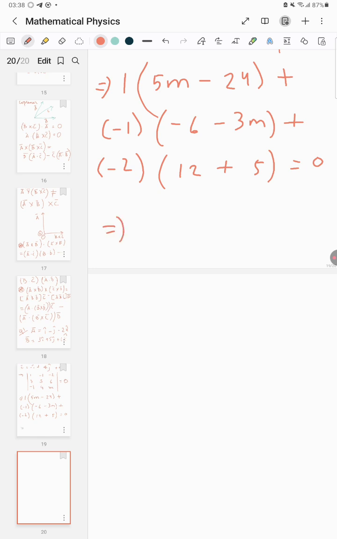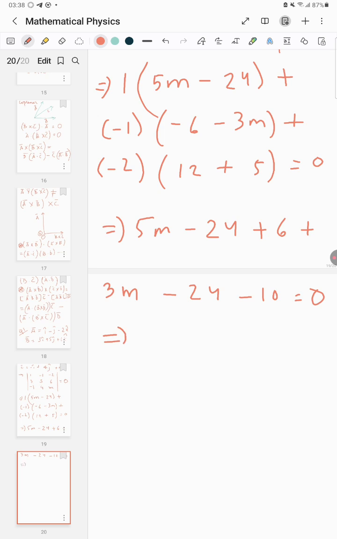Now this implies that 5m minus 24 plus 6 plus 3m minus 24 minus 10 would give us 0.